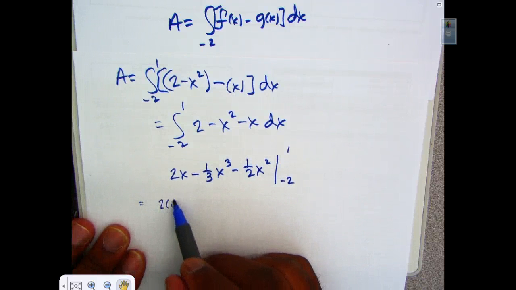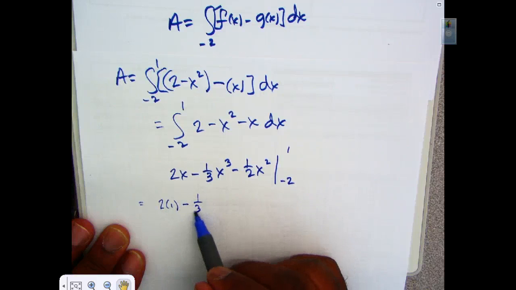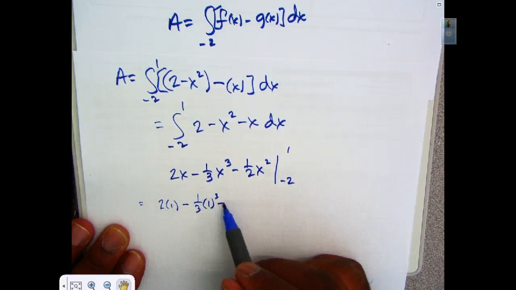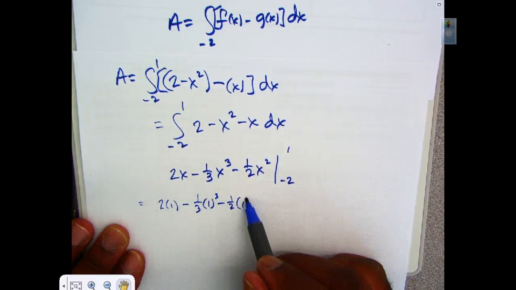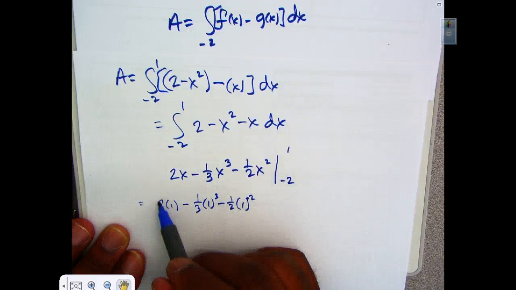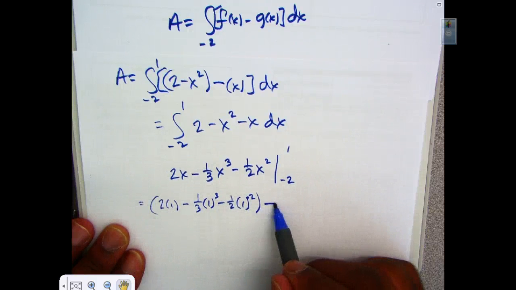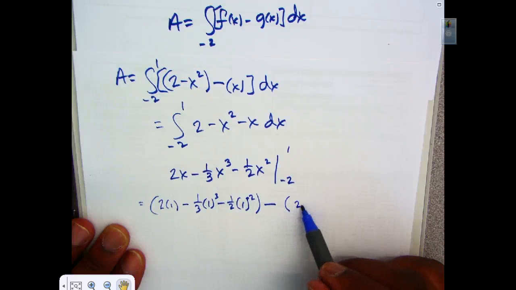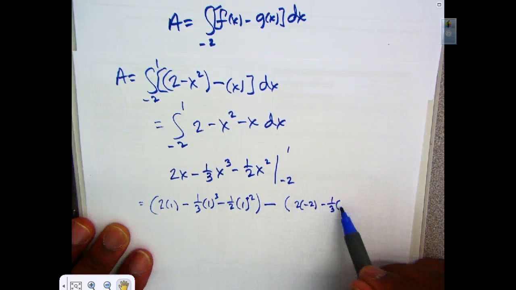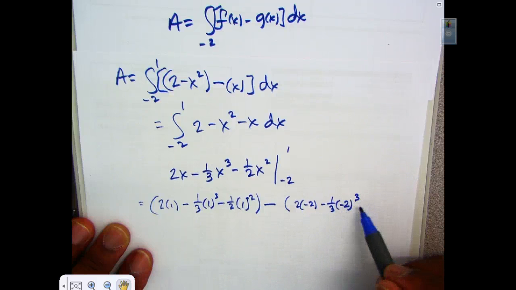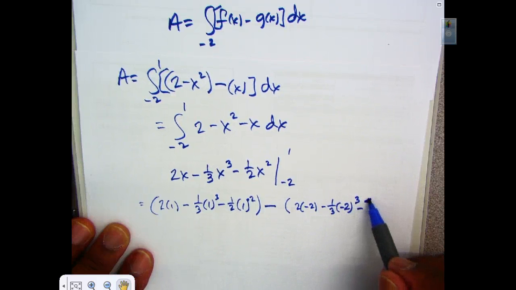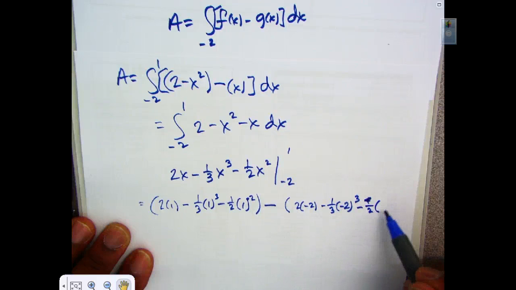So that's 2 times 1 minus 1/3 times 1 cubed minus 1/2 times 1 squared, minus 2 times -2 minus 1/3 times -2 cubed minus 1/2 times -2 squared.